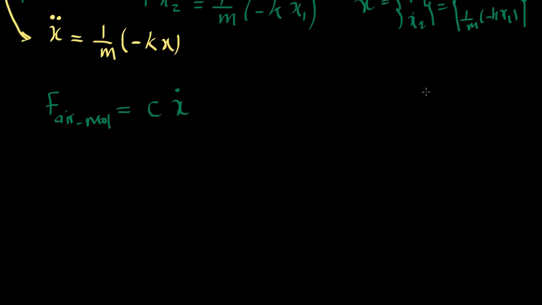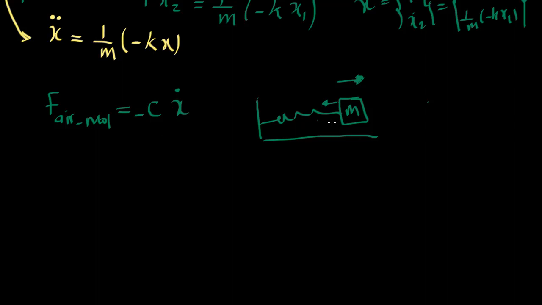And its direction would be basically, so let's say that again we have the mass that is moving to the right here. If it is moving to the right, x dot is positive, so the force would be negative, in the leftward direction. So we should put a minus here to show the direction of the force.